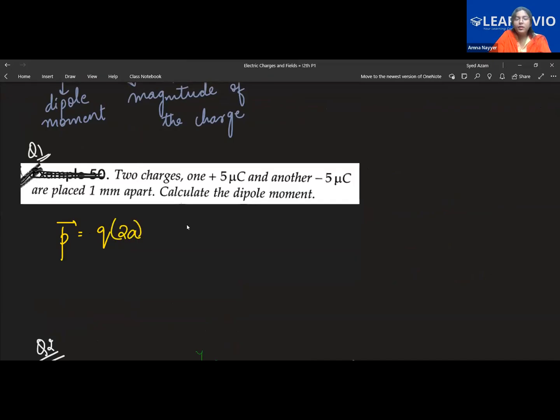Jesslyn, what's the value of charge that I should put? The complete value of charge?